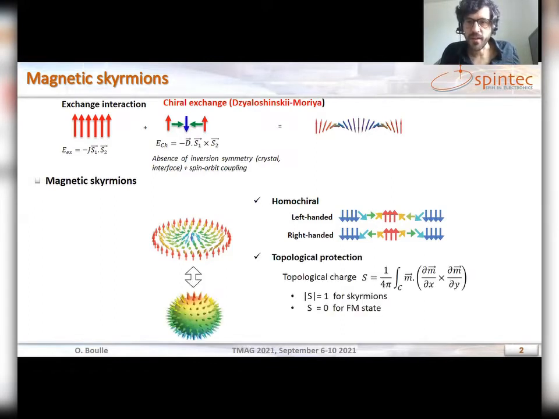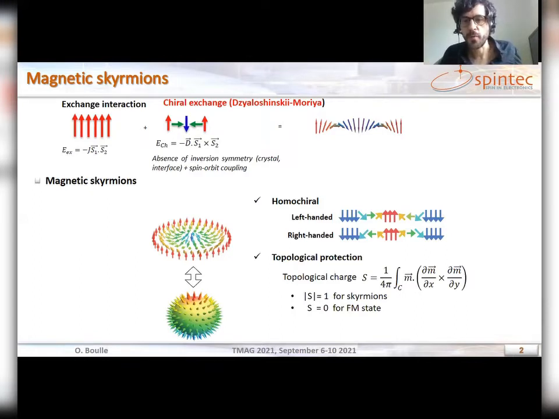Magnetic skyrmions also have some topological properties. They cannot be continuously transformed toward the ferromagnetic state without causing a singularity, and this provides stability to the magnetic skyrmions, since you need to overcome an additional finite energy barrier due to this topology to annihilate the skyrmions.